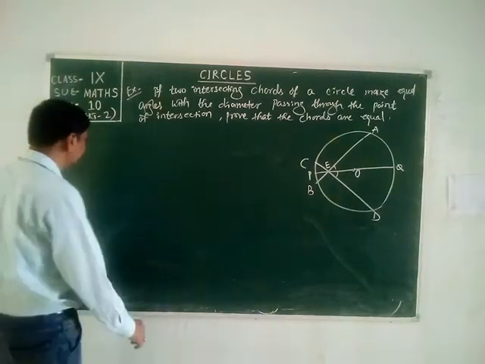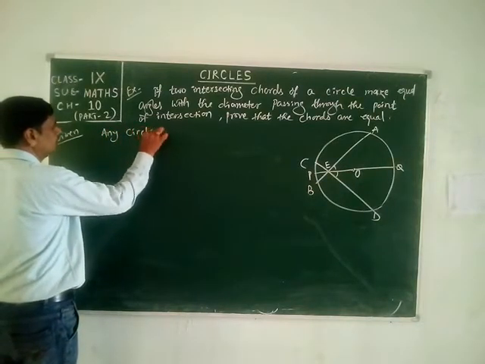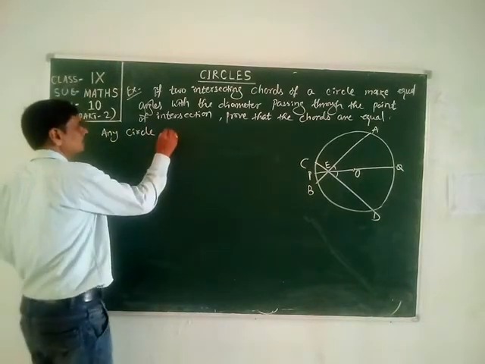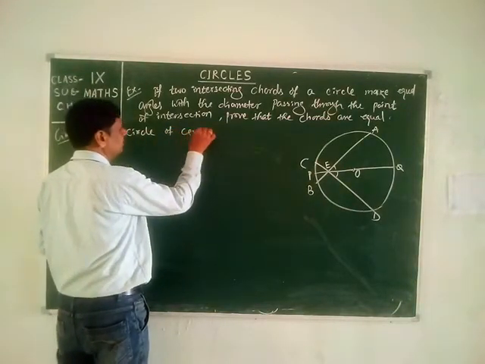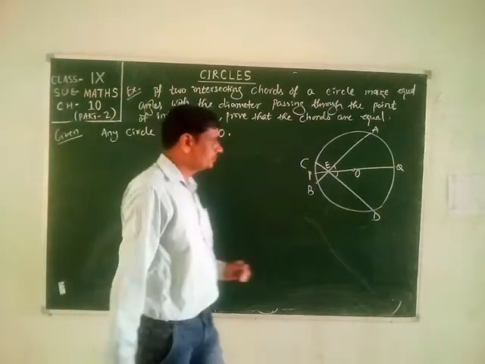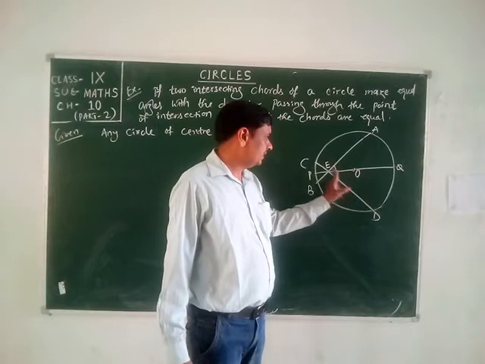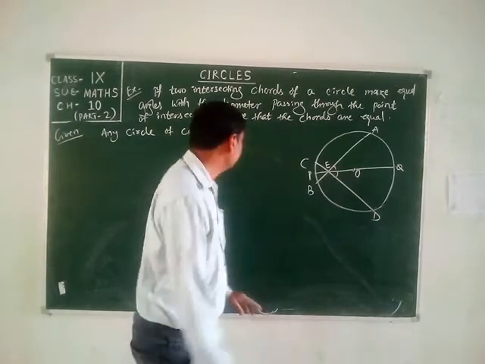It is given a circle with center O. Angle AEO and angle BEO are equal.